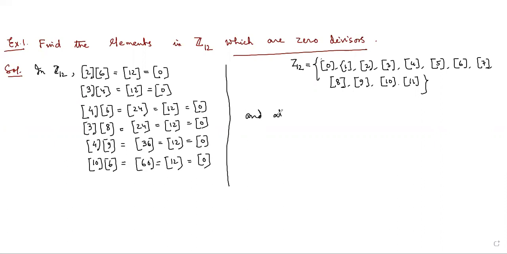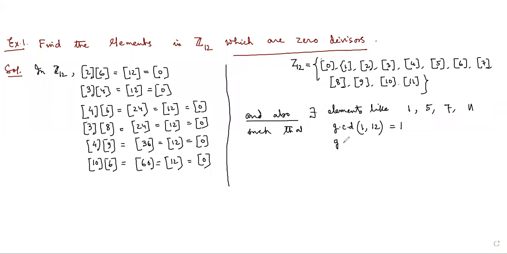And also we see that there exist elements like 1, 5, 7, 11, such that the greatest common divisor of 1 with 12 is 1, the greatest common divisor of 5 with 12 is 1, the greatest common divisor of 7 with 12 is 1, and the greatest common divisor of 11 with 12 is 1.